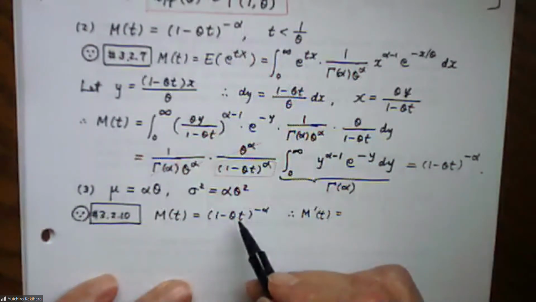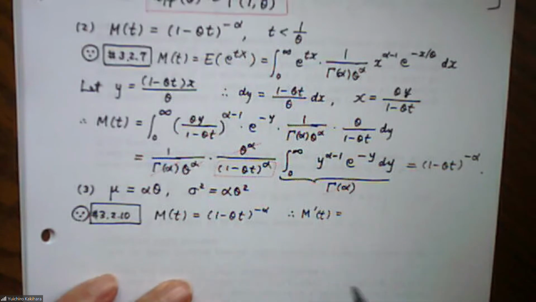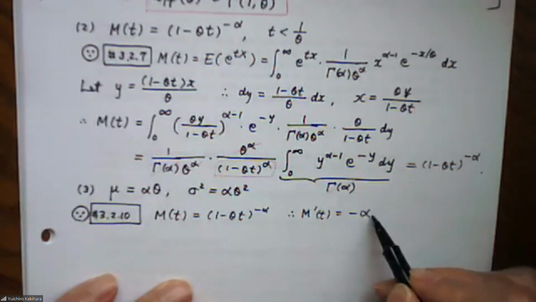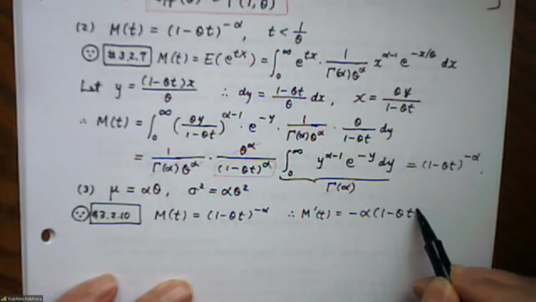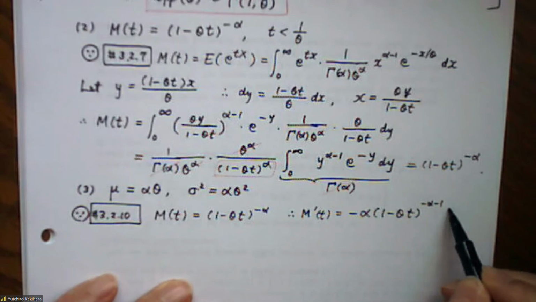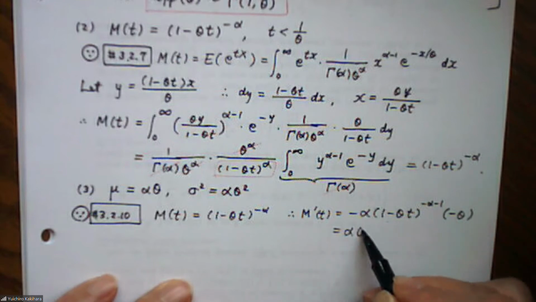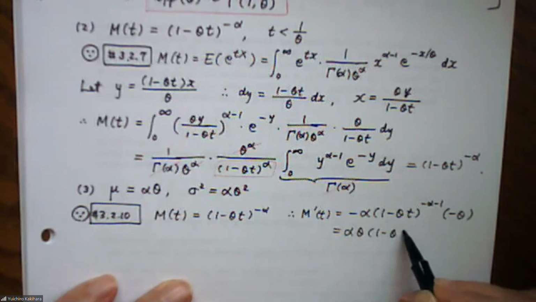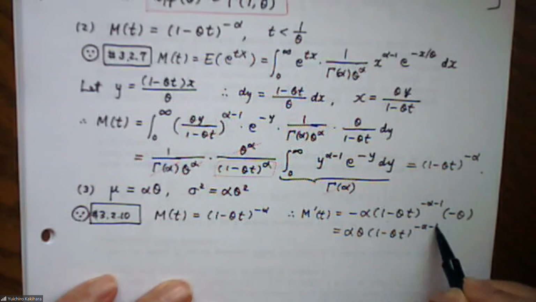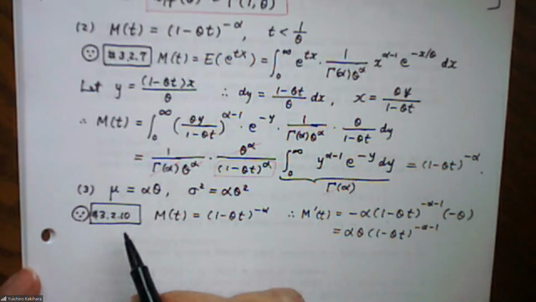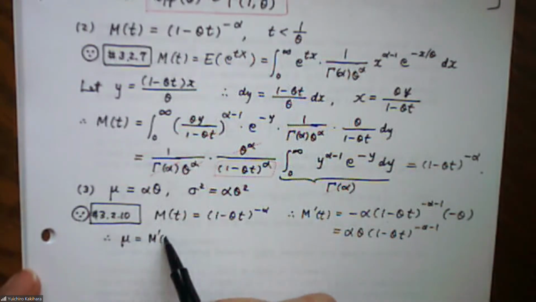So it is equal to alpha theta times (1 minus theta t) to the negative alpha minus 1. So you can say mu is m prime of 0.